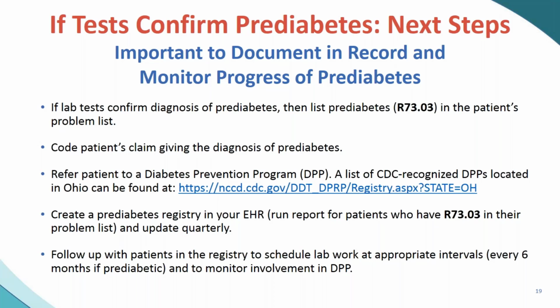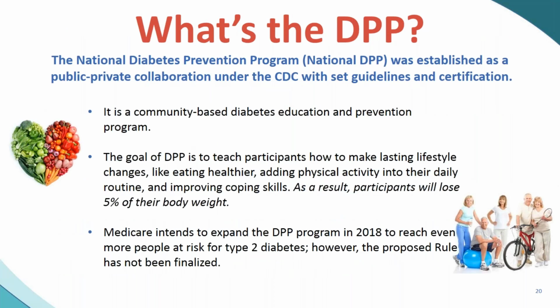It also allows you to create a registry, a watch list of patients that you're going to want to either call back in and see, or when they come back in, make sure that you again run your glucose to check how they are. So these are all things that you can build into your workflow. I think it'll be much more successful management of your pre-diabetic population.